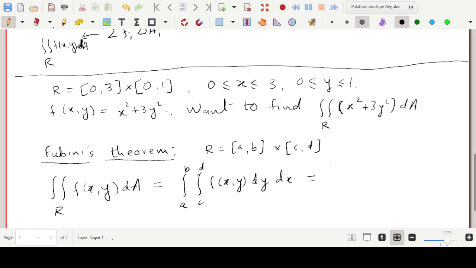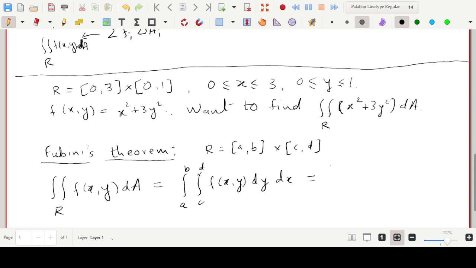So first we can treat this f of x, y just as a function of y, treating x as constant. Integrate this with respect to y, and find the definite integral by substituting the values of c and d in the final expression.